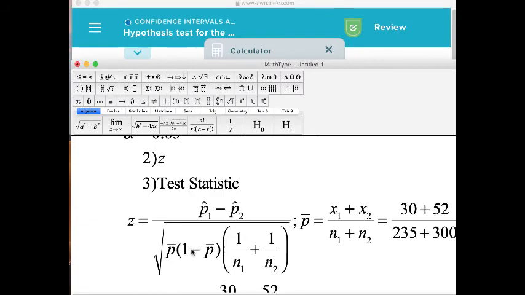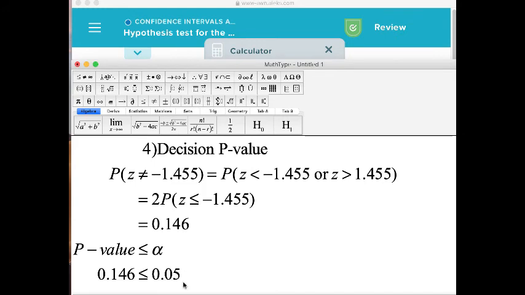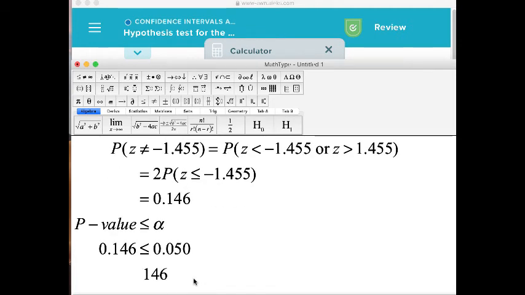I always like to have the same number of digits, so I'll add a terminal 0. That won't change the value of the decimal. So I have 3 digits on the left and 3 digits on the right behind the decimal. So it's easy for me to see, oh yeah, 146 is clearly not less than or equal to 050. So that's false.